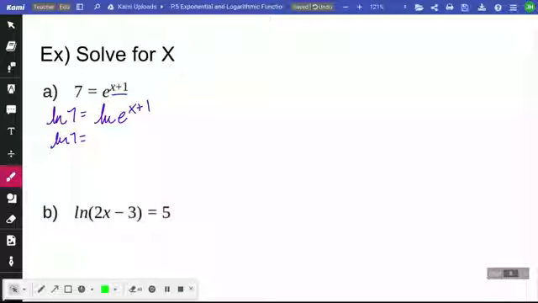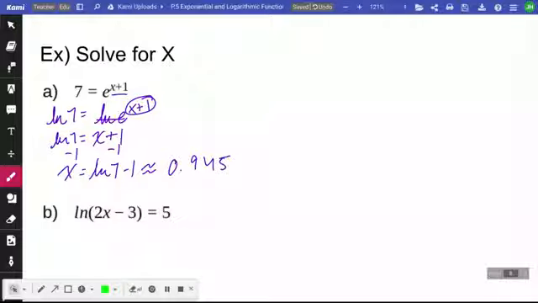But that other side, natural log of e to the x plus 1, it's just x plus 1, okay? And so then I can subtract 1 from both sides, and x is equal to natural log of 7 minus 1, which is approximately 0.94591. Okay, go out to 5 decimal places. The AP test will expect that of you. So we'll train ourselves to do that.